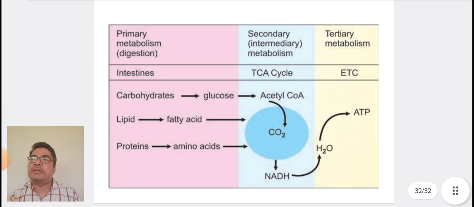In this diagram, we can see that there is primary metabolism or digestion of carbohydrates, lipids, and proteins into glucose, fatty acids, and amino acids. These undergo secondary metabolism, that is, it forms carbon dioxide inside the mitochondria. Later, they undergo tertiary metabolism, where NADH is taken and stored as ATP, that is chemical energy.